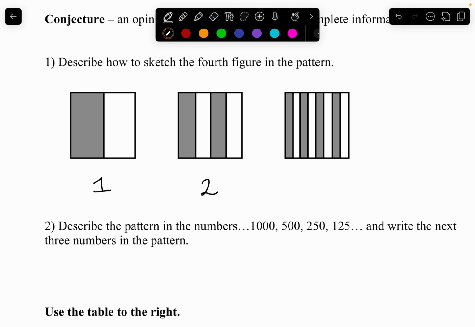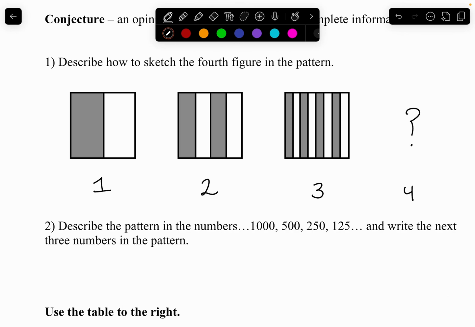When you look at that second step, it's almost as though the number of gray and white tiles has doubled, because we started off with one gray and one white, and now we have two gray and two white. And then when we go over to this third picture, now we have four gray and four white. So again, it's doubled. So what do we think that fourth picture might look like? Okay, that's what I want you to do. I want you to describe how to sketch that fourth figure in the pattern, okay?